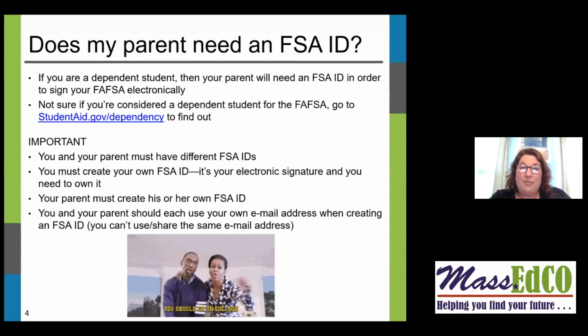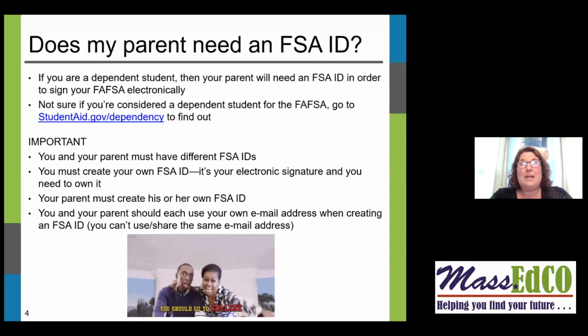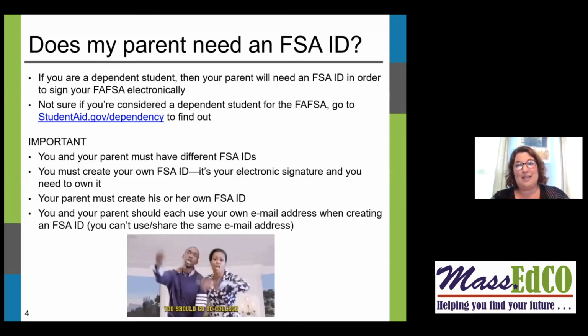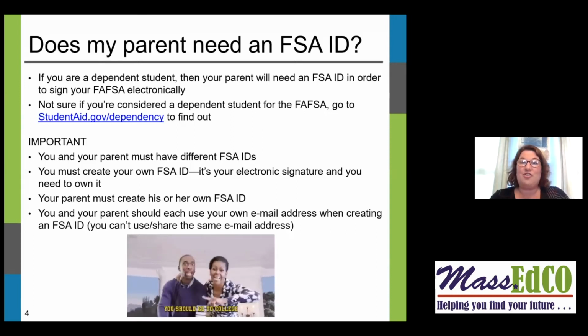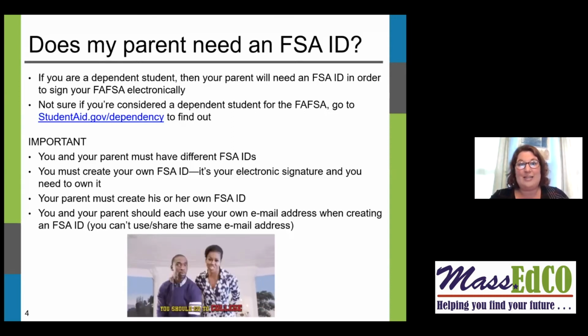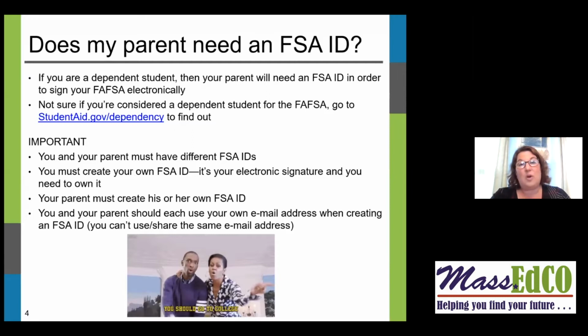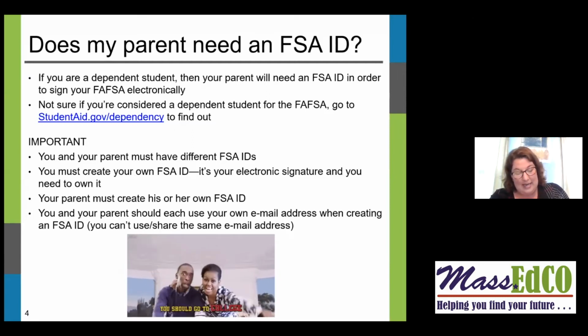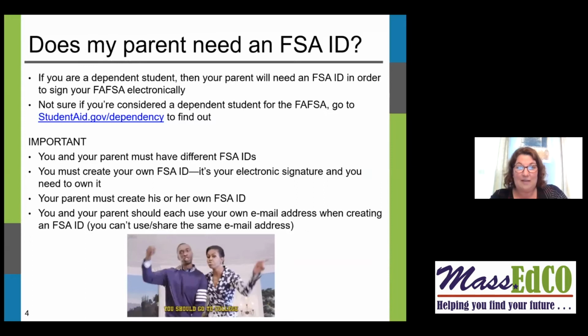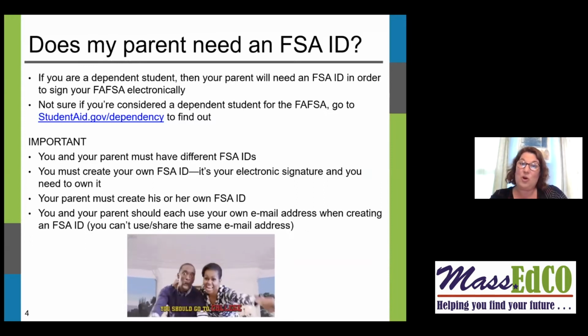So if you don't live with your parents simply because you had a fight and there were no court papers, and you're just living with an aunt or a friend, unfortunately FAFSA is still going to consider you a dependent student. Any time that you're independent, you need to have that supporting documentation, the court papers, anything from DCF.